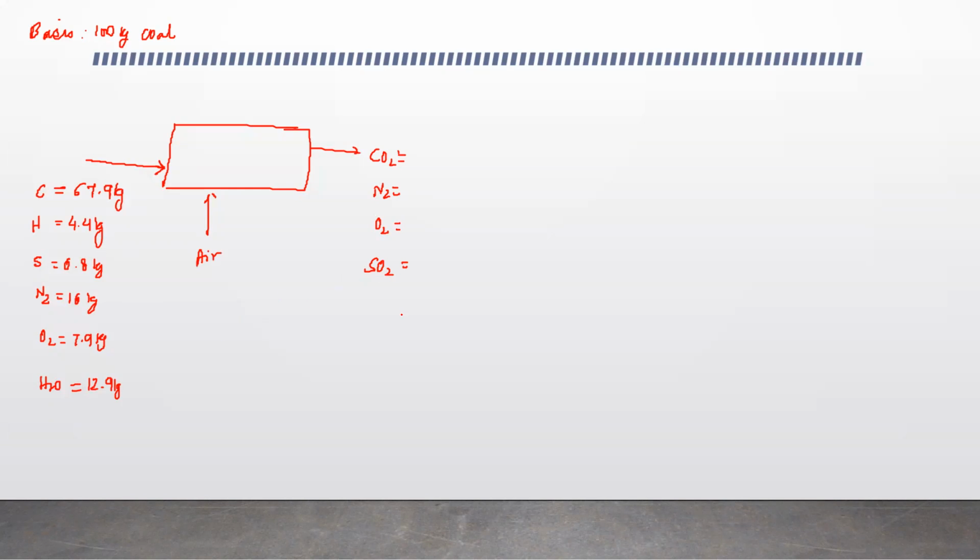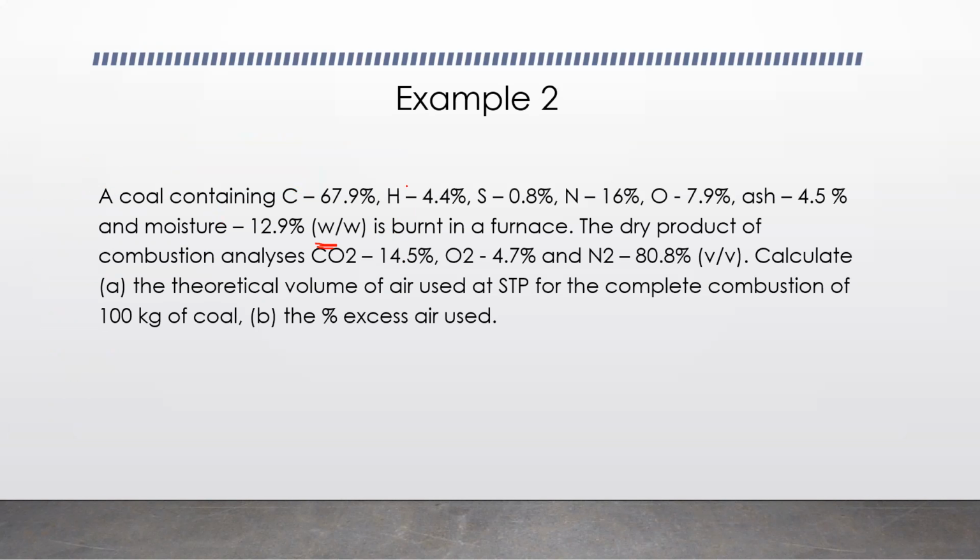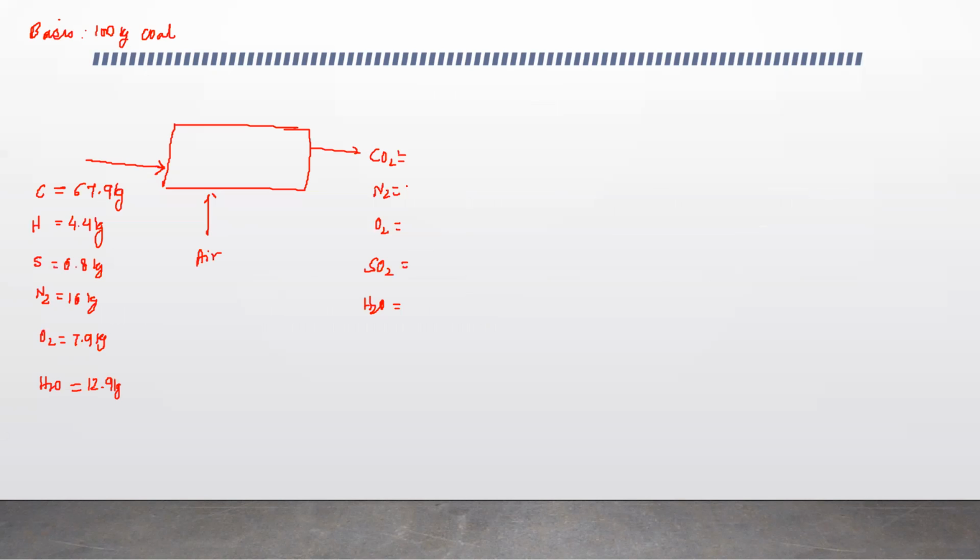We have moisture, and we also have hydrogen, so we'll get water. There has been no mention of carbon monoxide or incomplete combustion, so we assume that the combustion has been complete and all the carbon has been converted into carbon dioxide, right?